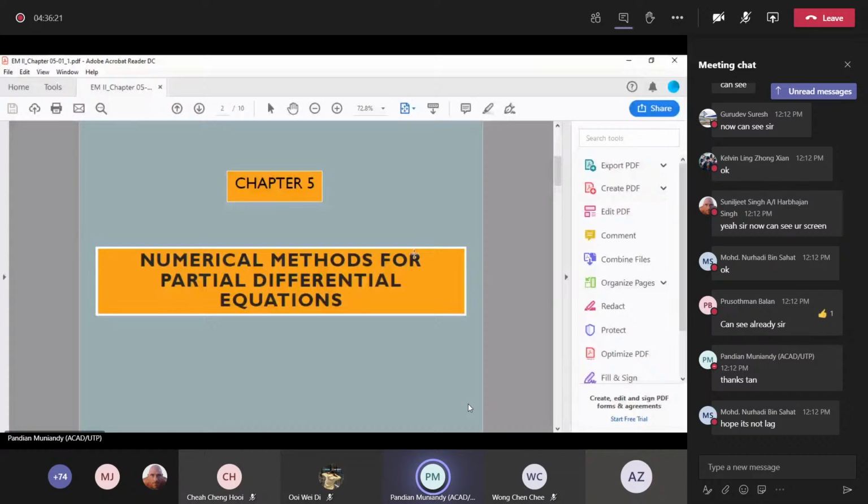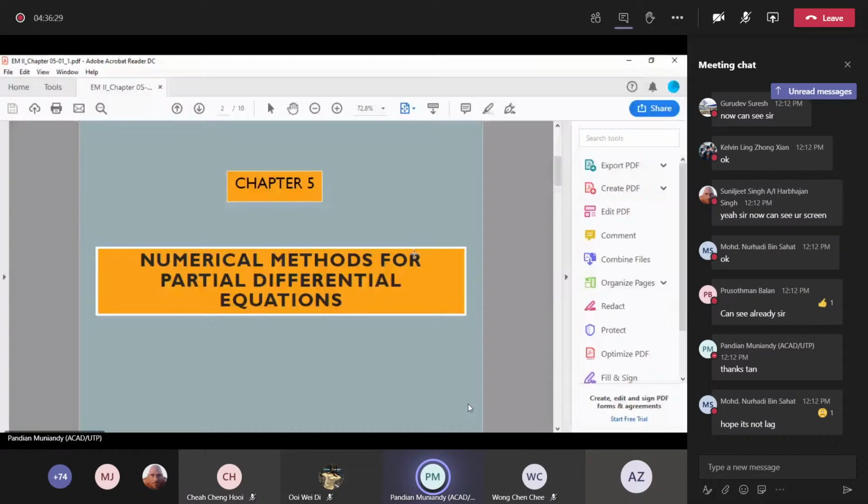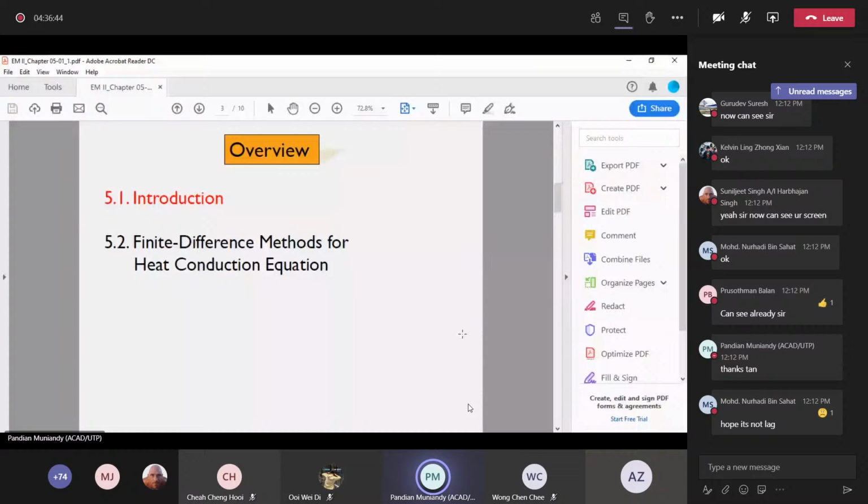So slide number 2, you see that the keyword is partial differential equation. So we want to know what this is. That is the main agenda for today. This chapter is very short, but 5.2 is very long, about 55 slides, which will go until next week.